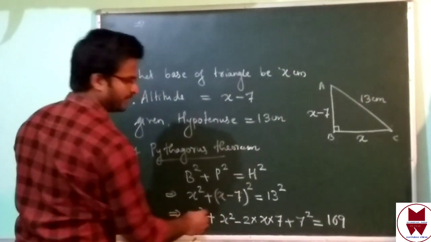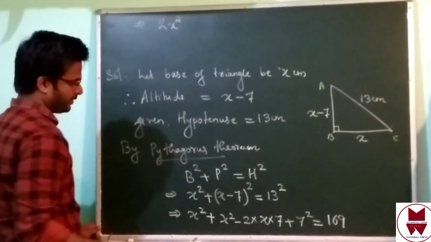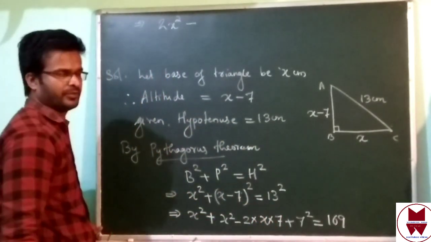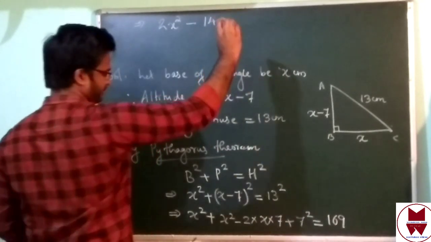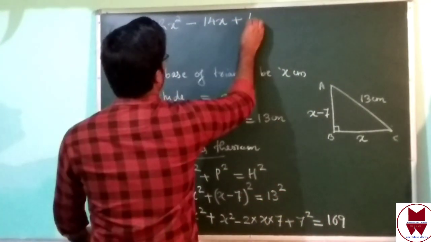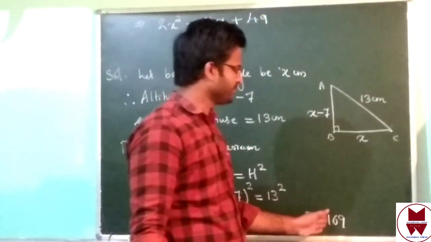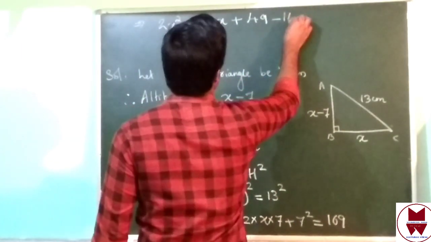Then x square plus x square, we can write 2x square. Then minus 2 into 7, 14. 14 into x, we can write 14x plus 7 square is 49. 7 into 7, 49. This 169 bring to left side. That will be minus 169.